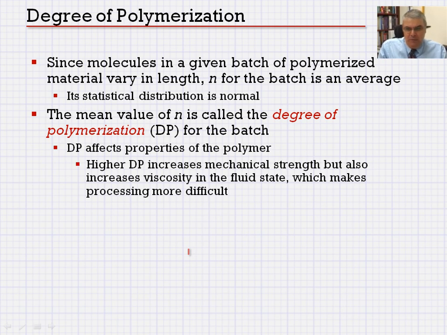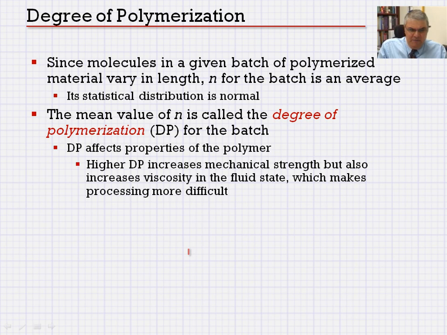Why do we think that's important? Why do we study it? Because DP affects the properties of the polymers. If we have higher DP, that would increase the mechanical strength, but it also increases the viscosity in the fluid state, and that makes the process more difficult because it's just not as fluid as we want it to be to work with.